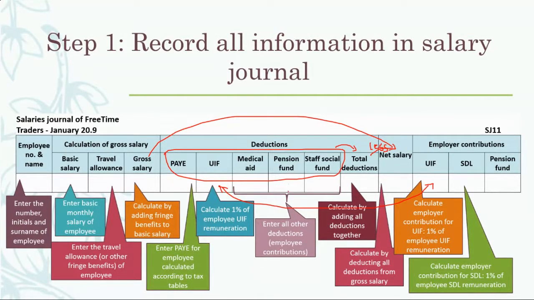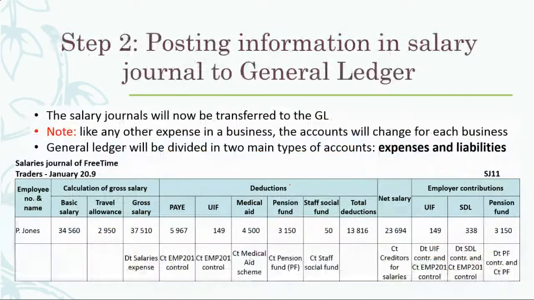It can either be the same as this column, or it can be different. It all depends on what ratio the employer pays in relation to the employee's contribution. So this is what your salary journal looks like, and this is how you would fill it in.